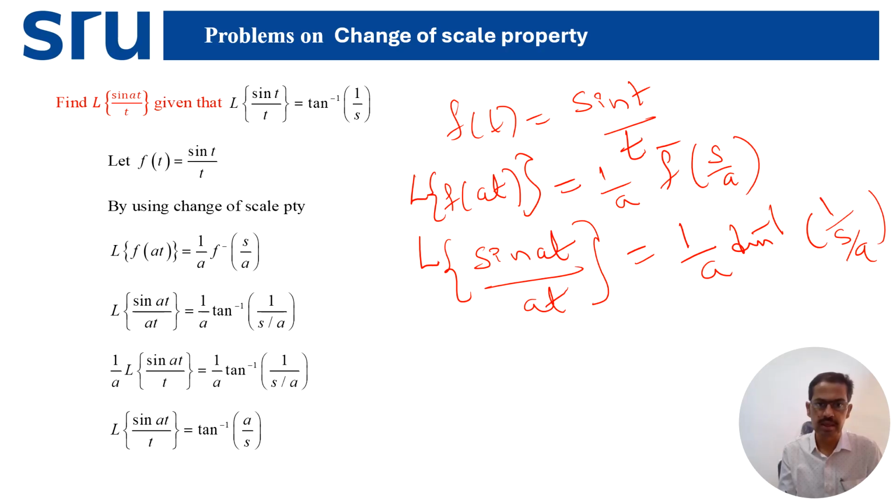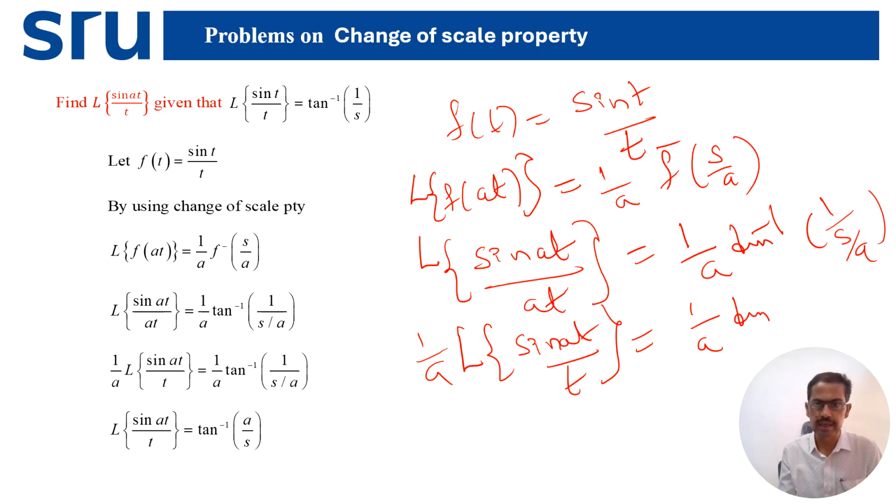Now let's take a common here. This is 1 by a Laplace transform of sin at by t, denominator a common. This is equal to 1 by a tan inverse, it is sent to the numerator, a by s. Now this 1 by a and this 1 by a get cancelled.